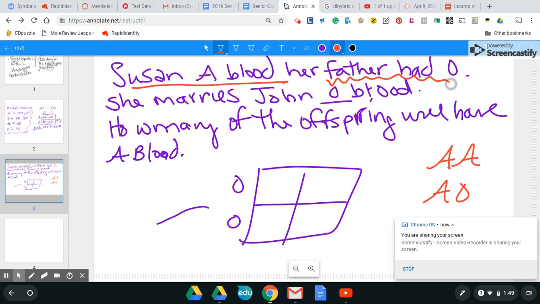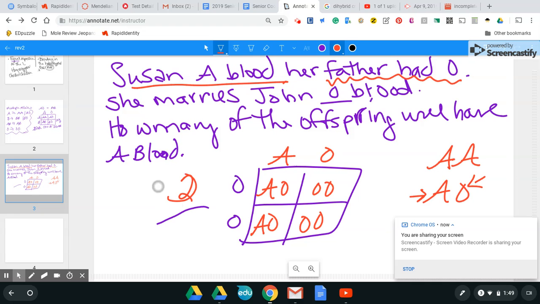It says that her father was O. So the only way that she could be A blood type with a father that had O is for this, because her father had to donate that O. All right, so there is Susan. So when I do this cross, how many of their offspring will have A blood? 2 of them, or 50%.